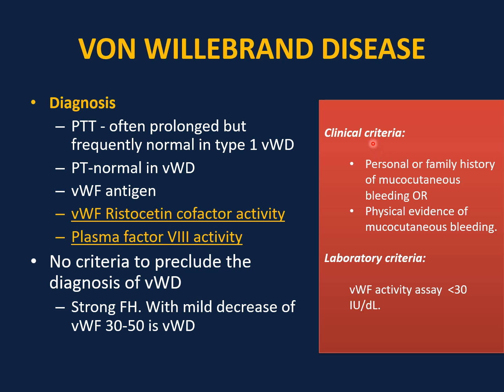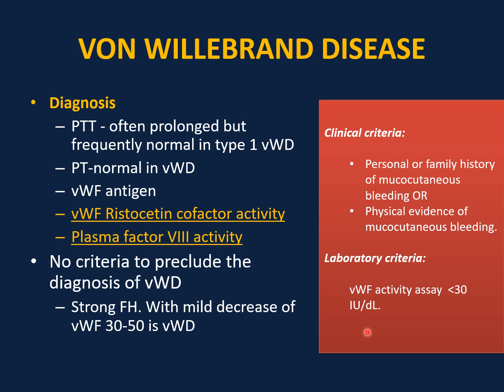The clinical criteria for the diagnosis of Von Willebrand disease: personal or family history of mucocutaneous bleeding, physical evidence of mucocutaneous bleeding, and Von Willebrand factor activity assay, which is the Von Willebrand factor ristocetin cofactor activity, just the same thing, is less than 30. So this is diagnostic, and also this will be confirmed when you give DDAVP and the patient responds.